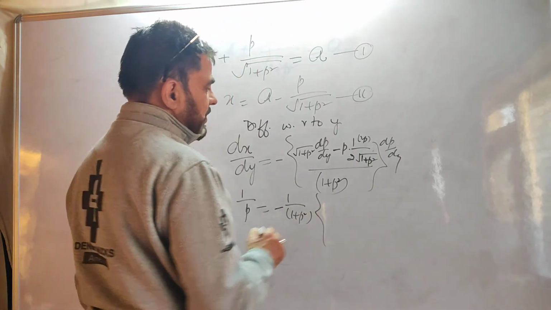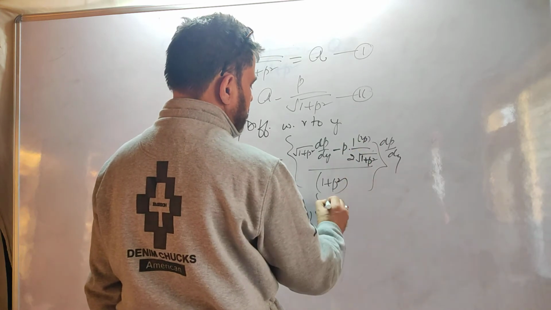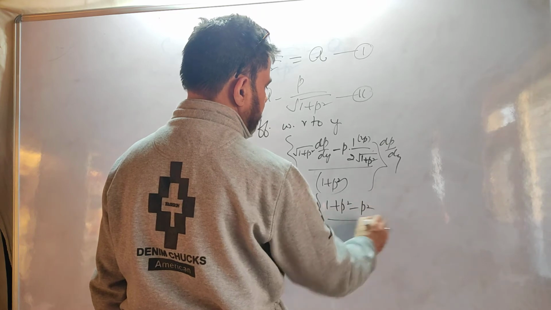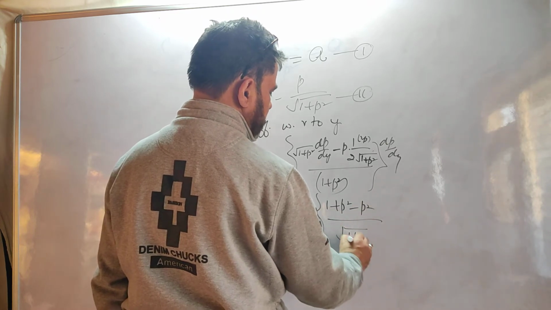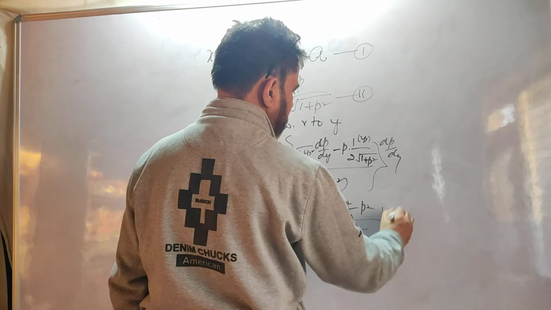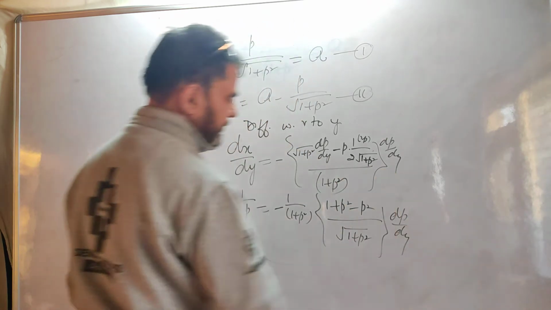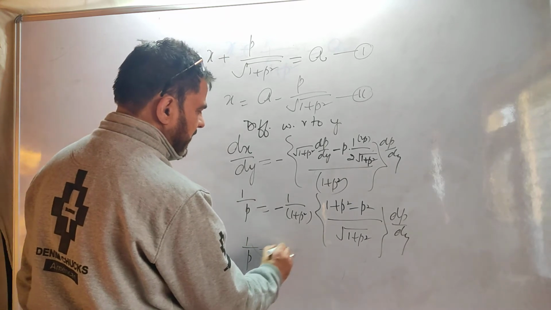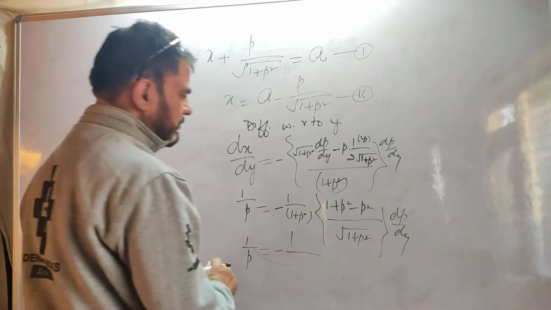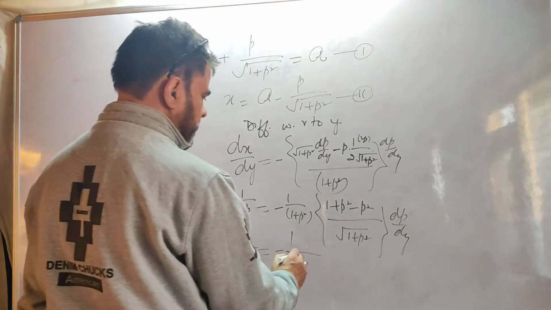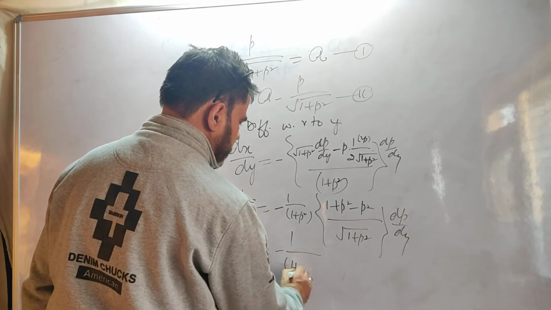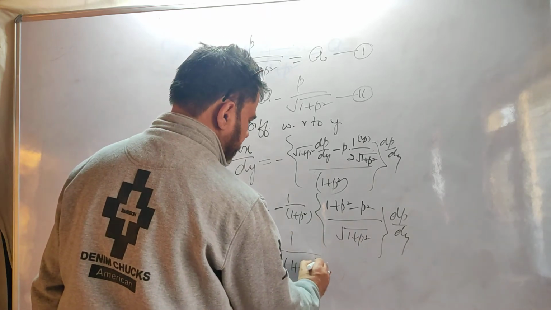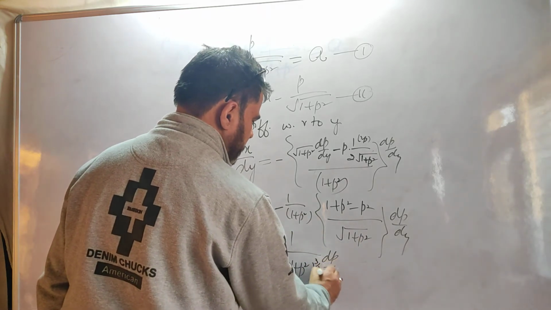This 2 and 2 go. On simplification, it will be 1 plus p square minus p square by under root of 1 plus p square into dp by dy. You can write 1 by p is equal to minus 1 by (1 plus p square) raised to the power 1 by 2 plus 1, it is 3 by 2, dp by dy.